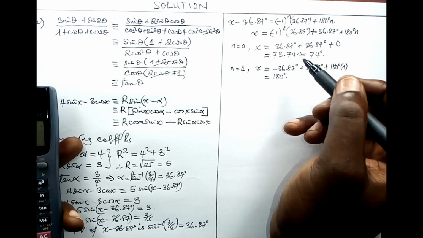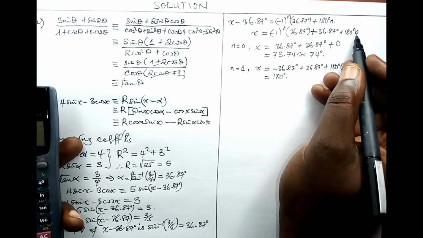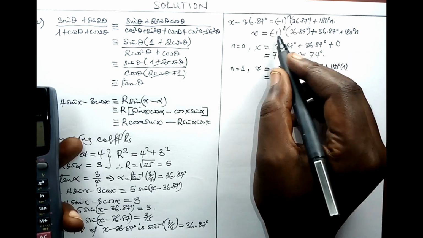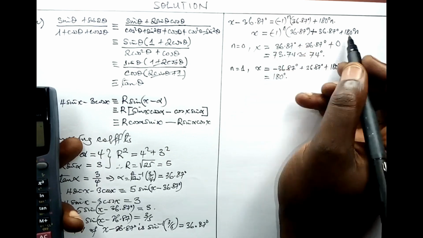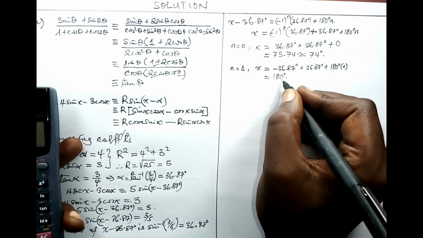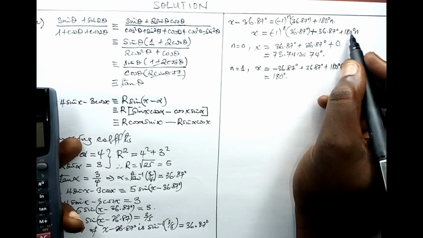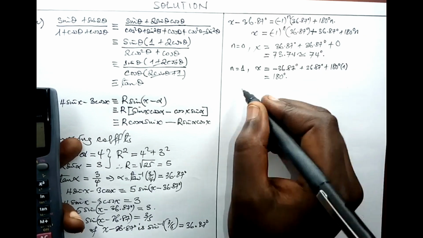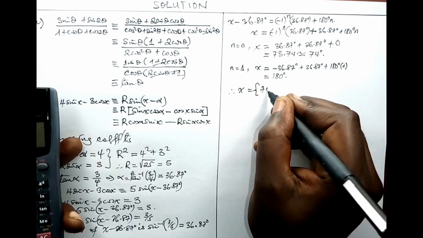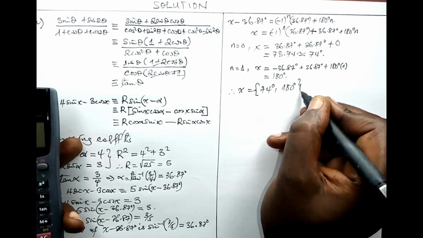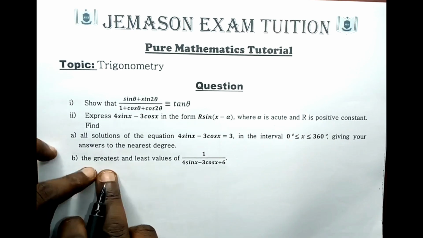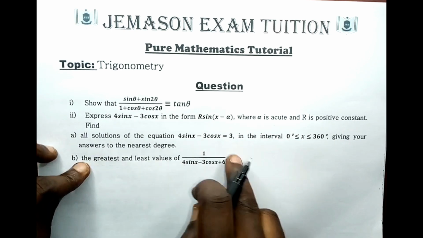Then when I put n equals 2, this would already be 360 degrees, and -1 squared becomes positive, so adding all these other ones will be out of range. And so this is the last one. So we conclude from here that x equals 74 degrees and 180 degrees as the only solutions within the range that is given. So in the B part, we are asked to find the greatest and least values of this expression.